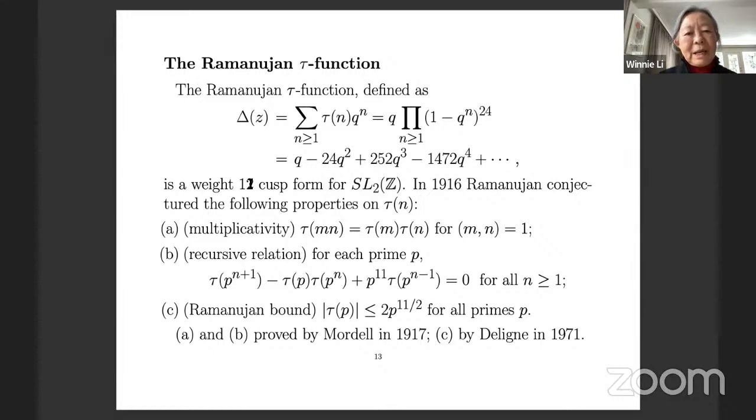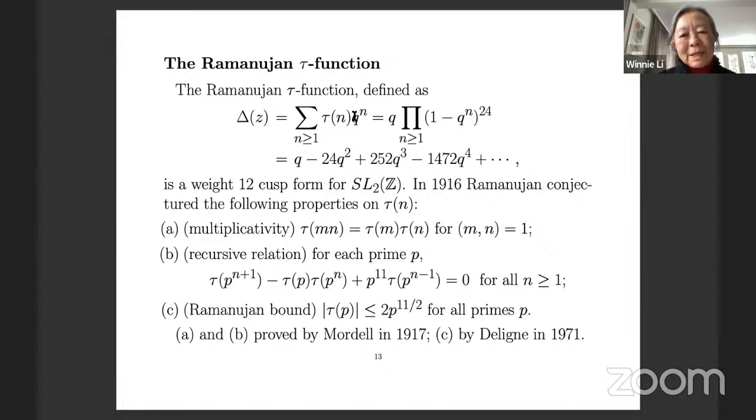In this case, the space is one-dimensional, generated by the so-called discriminant function. This is the discriminant for elliptic curves. And Jacobi showed that the suitably normalized discriminant function can be expressed as q times the product of (1 - q^n) raised to the 24th power.